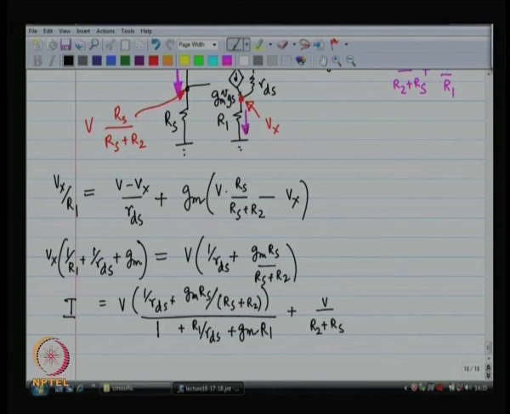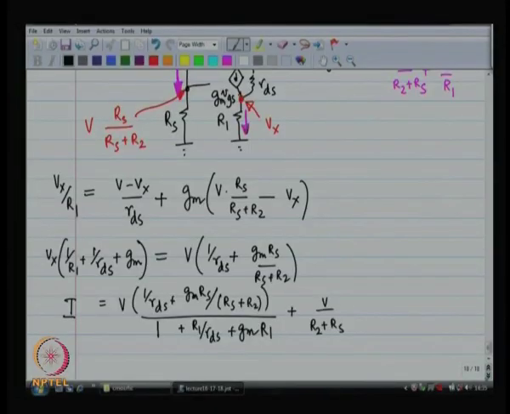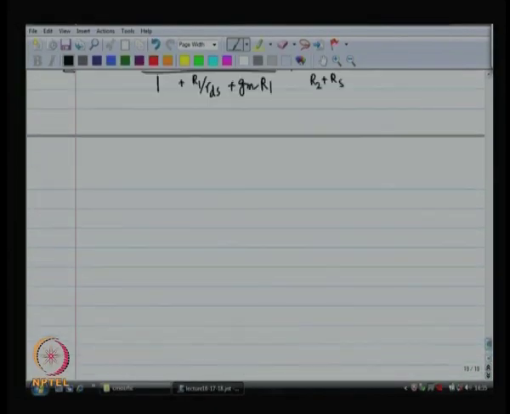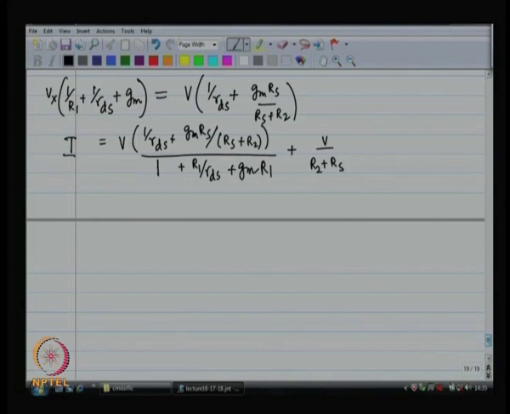Now, what are we going to do? What is the impedance that you see? Impedance is V by I, which basically means that I need to do a little bit more of simplification, otherwise it is not really tenable.